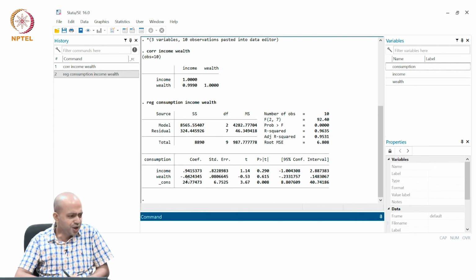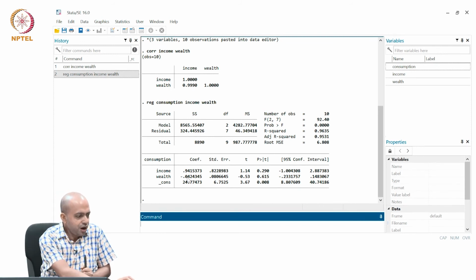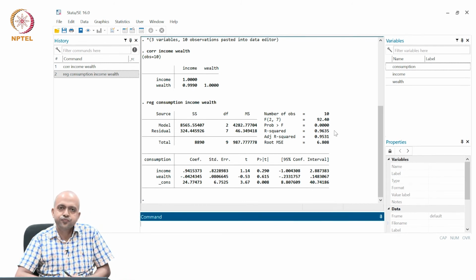And then when you look at the R square, the R square is 0.9635. That means your model explains 96.35% variation in consumption, but none of your variables is significant. How is it possible? Who is explaining them?